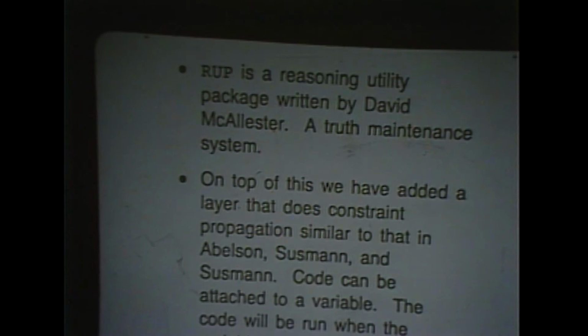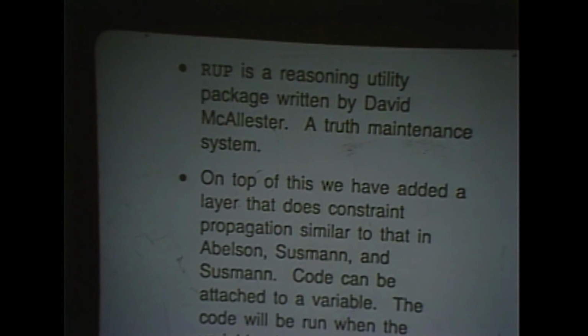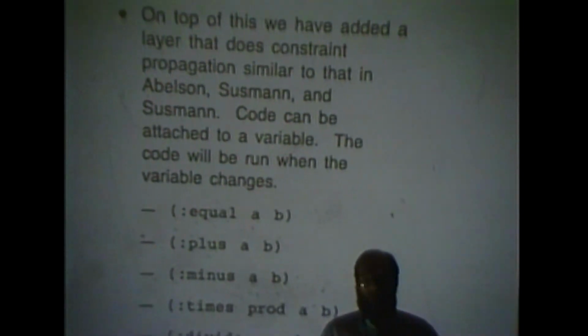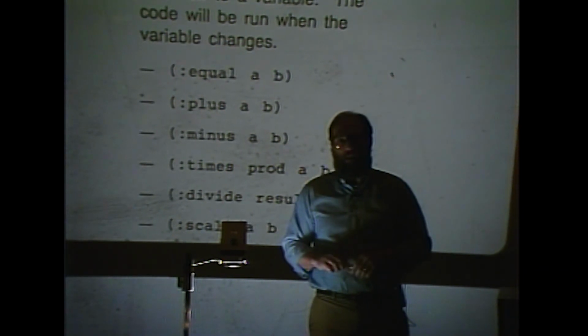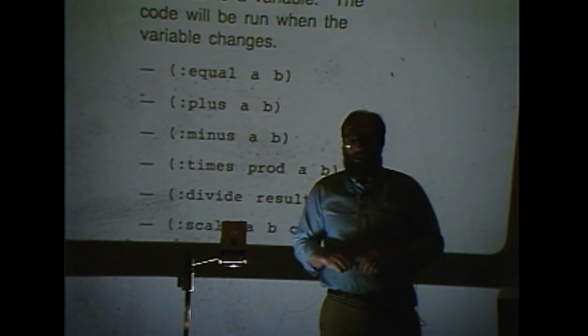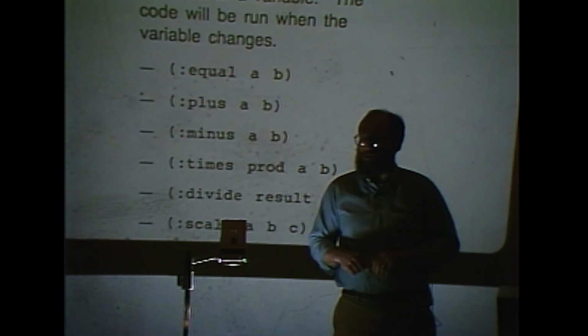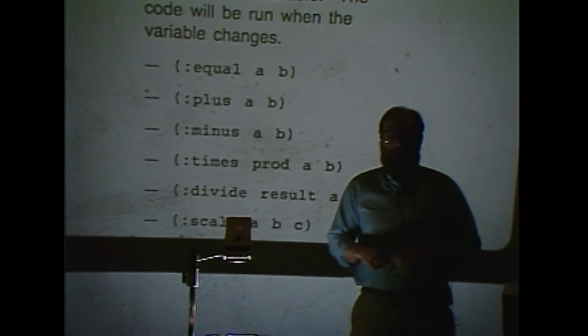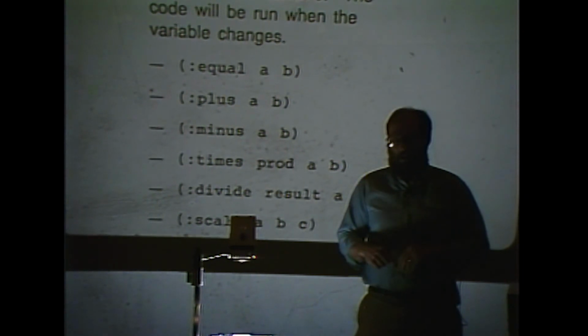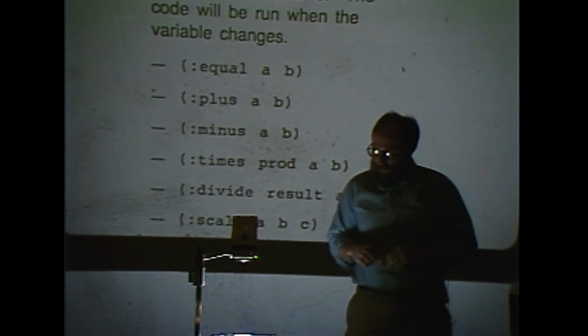It's a truth maintenance system, which is just one of the schemes for doing knowledge representation. And truth maintenance, for those who aren't up on that end of the business, tends to be kind of the winning edge for knowledge representation. So it's a nice scheme, and it tends to be very fast. You'll see in the demo that the messages that we're sending around are flying out of the reasoning utility package quite quickly, and it's doing a lot of reasoning for each message that it sends out.